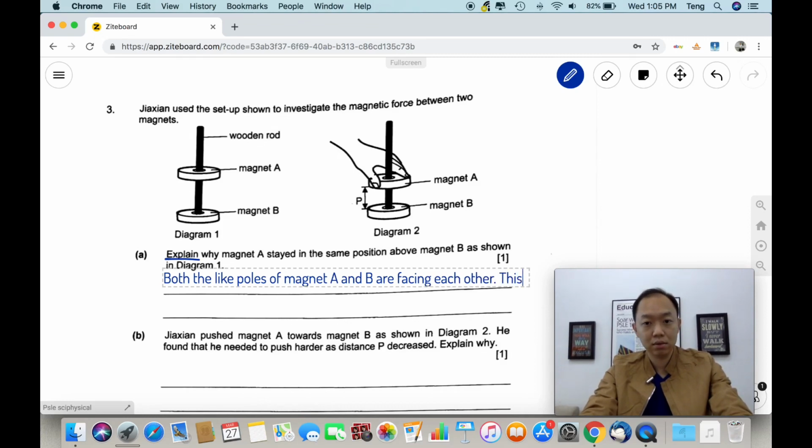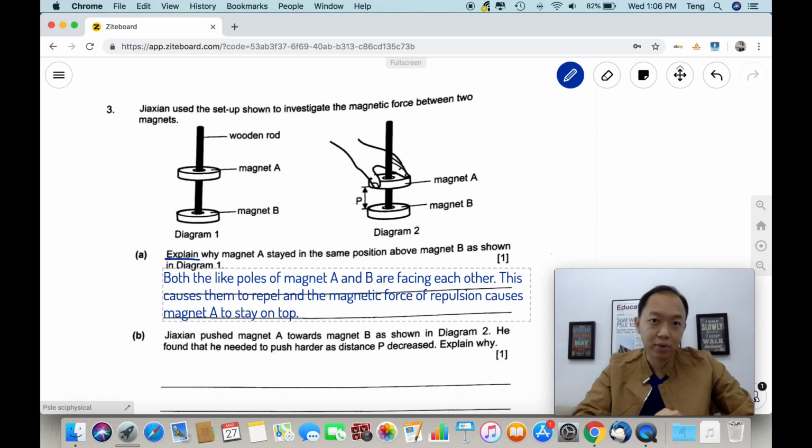This causes them to repel, and the magnetic force of repulsion causes magnet A to stay on top.